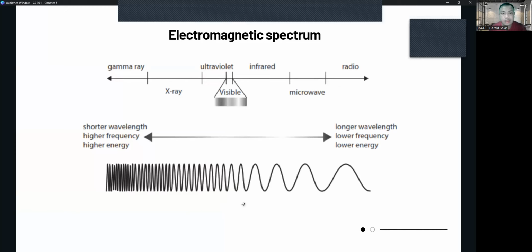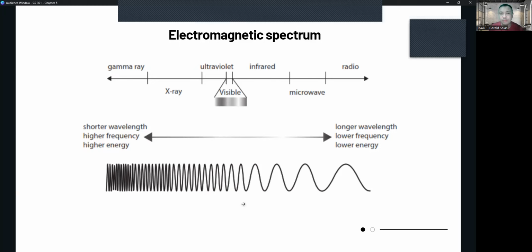Now, this is the electromagnetic spectrum. So as discussed in our slides, yung light na pumapasok sa atin, it has a different amount of energy based on its length. Now, yung ating mga shorter wavelength, they have higher frequency and higher energy as compared to those longer wavelength, longer frequency, and they have lower energy.